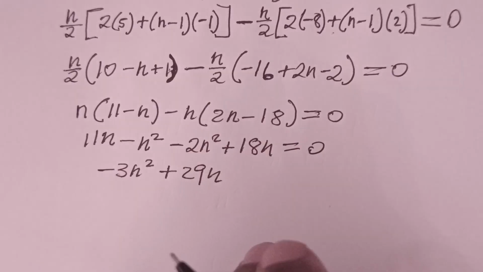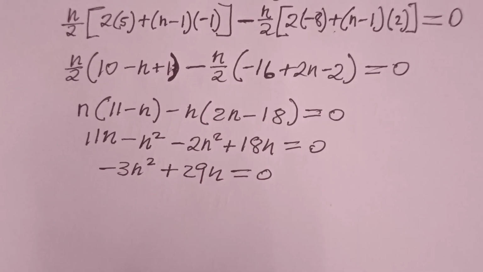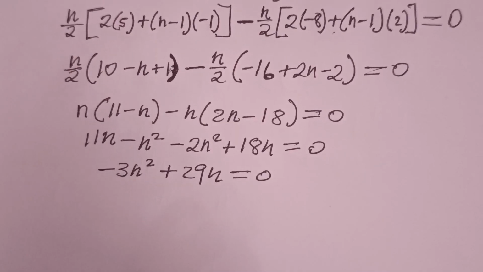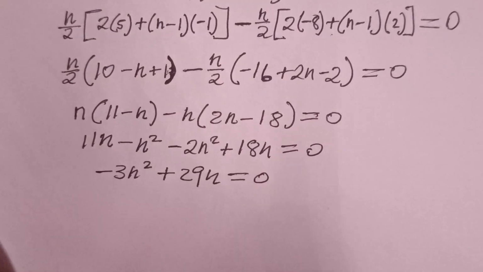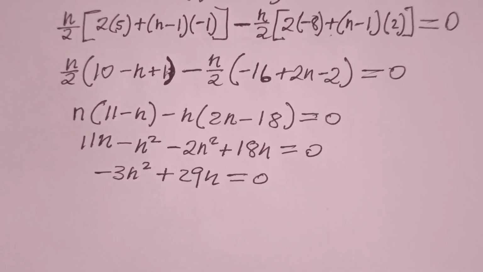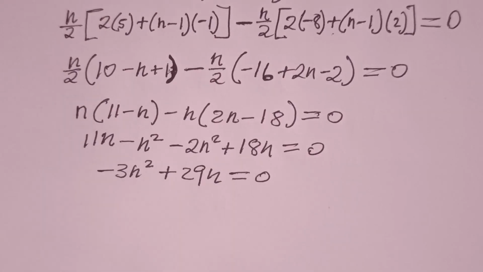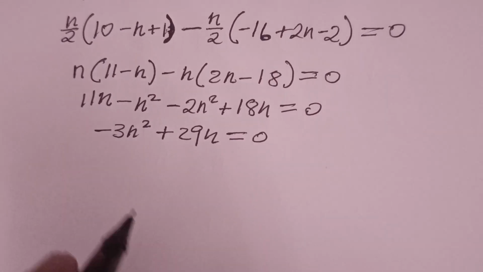Not in our answer. The mistake was in the original question itself. But it's fine. If the mistake is in the original question itself, you still need to do the right things. The teacher will make sure that they mark you correctly as per your answer.